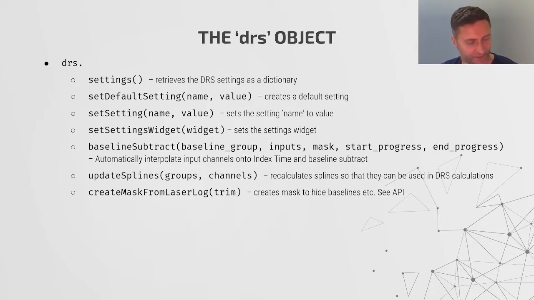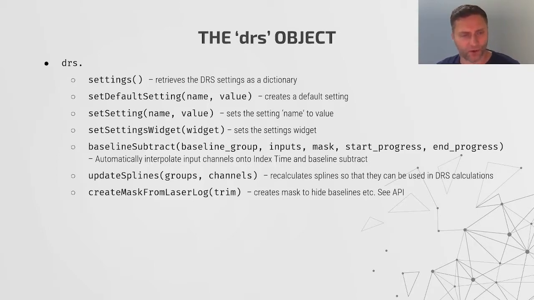It'll mask out every time the laser log says that the laser was off. And this is really useful, as hopefully you're aware that masking your results reduces the range in ratios that you see because you get a lot of noise in your baselines.